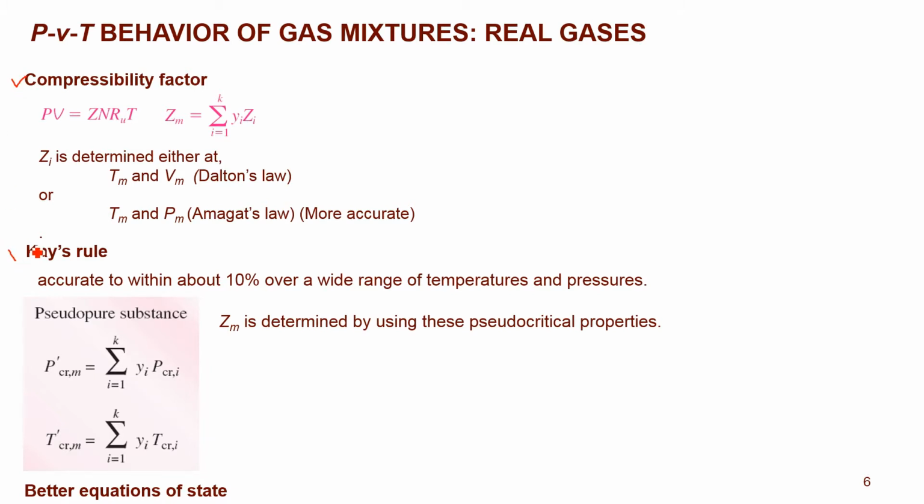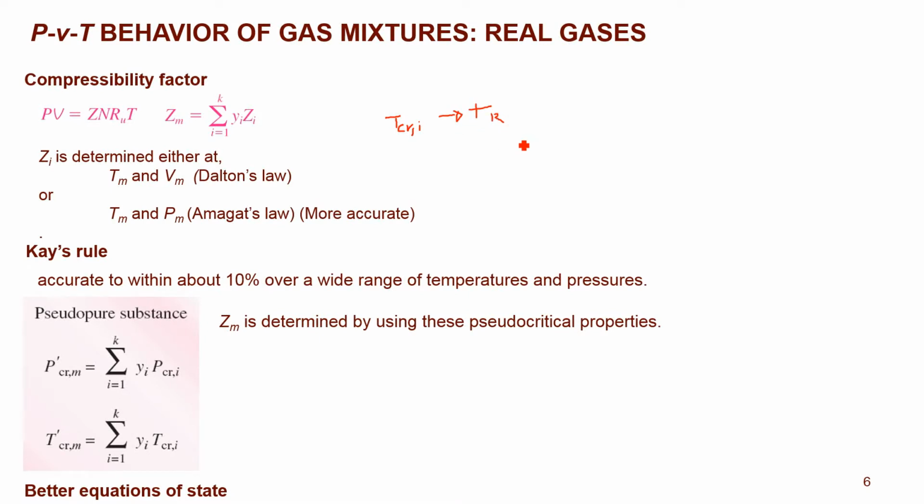Both of them involve the compressibility factor. In the compressibility factor method, what we are doing is we take the critical temperatures and critical pressures of the individual gases, and we use those critical pressures and temperatures to calculate the reduced pressure and reduced temperature for each individual component gas.